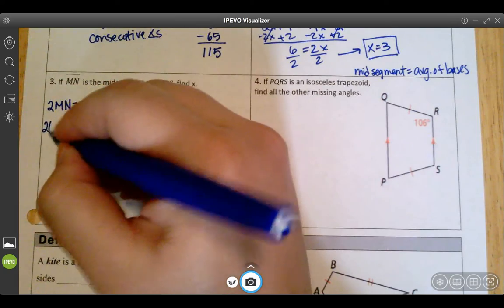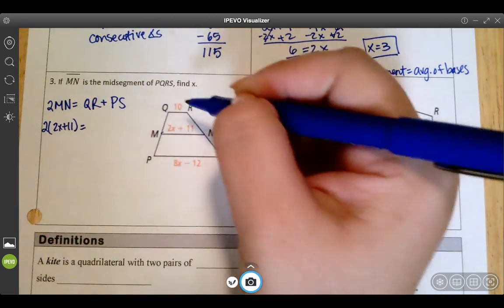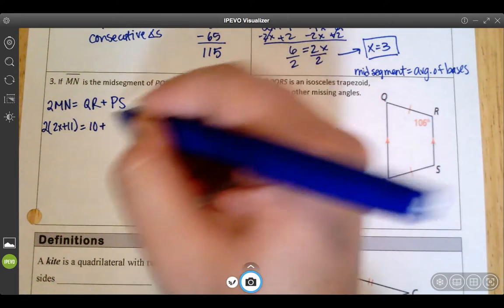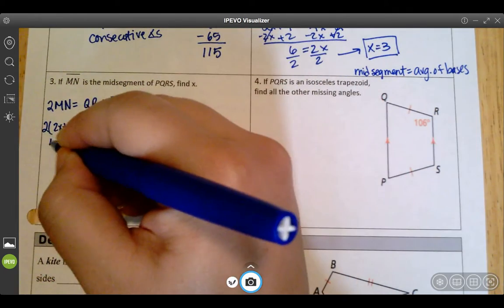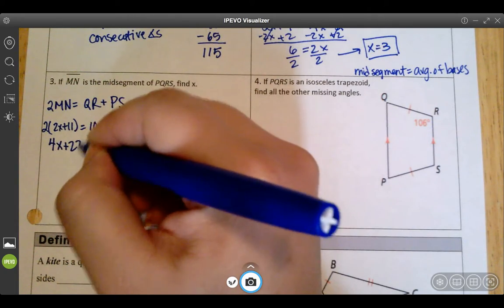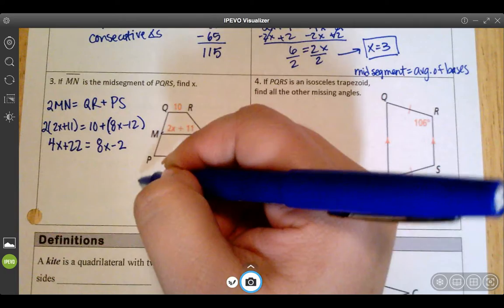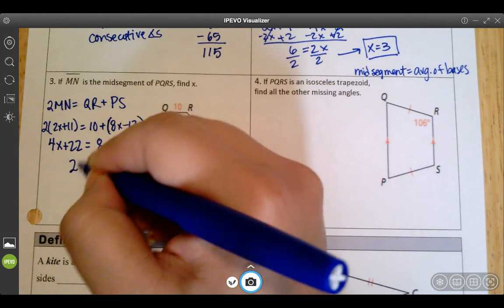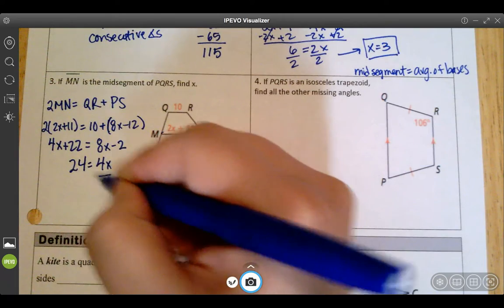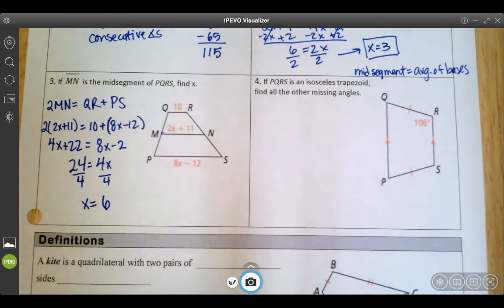So I'll substitute 2 times 2x plus 11 equals 10 plus 8x minus 12. That gives us 4x plus 22 equals 8x minus 2. Minus 4x plus 2, divide by 4, x equals 6.